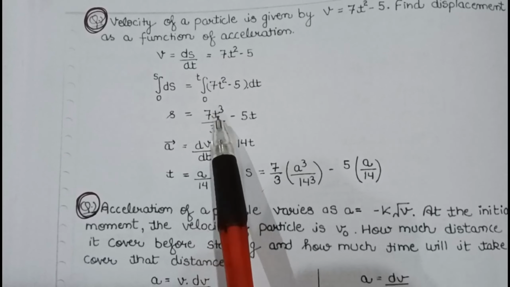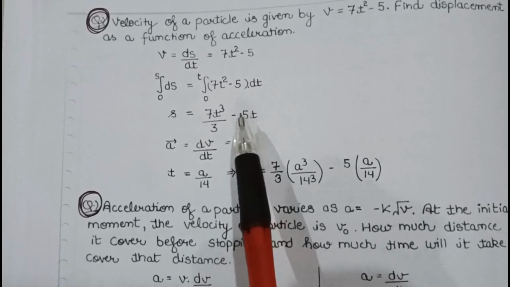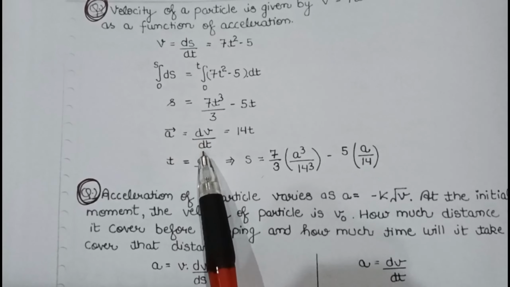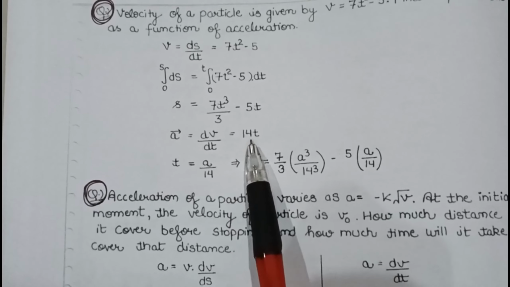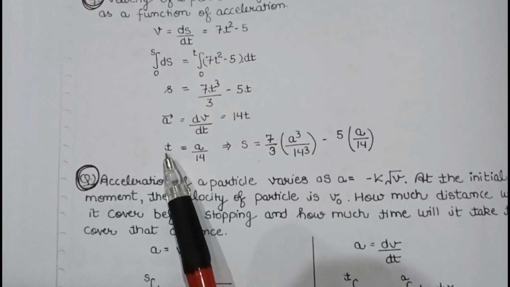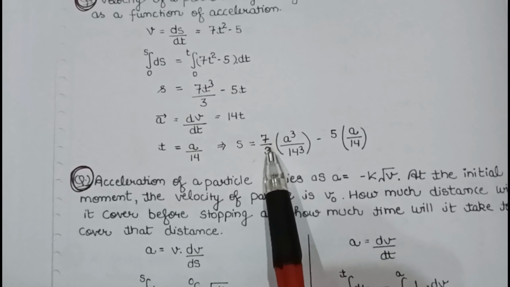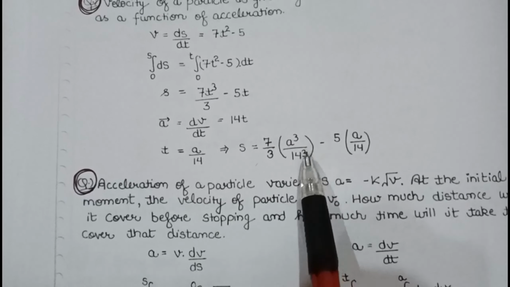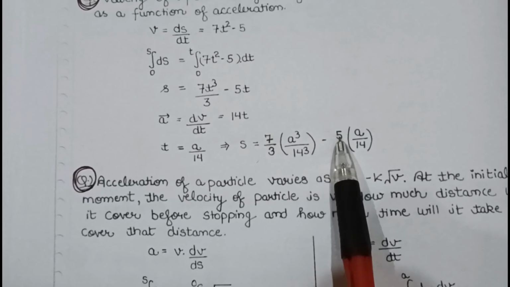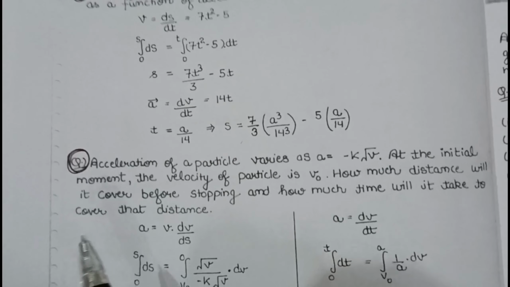S is equal to 7t cube upon 3 minus 5t. The acceleration vector is equal to dv upon dt, which is equal to 14t. Therefore, we get t is equal to a upon 14. So, s is equal to 7 by 3 into a cube upon 14 cube minus 5 into a by 14.